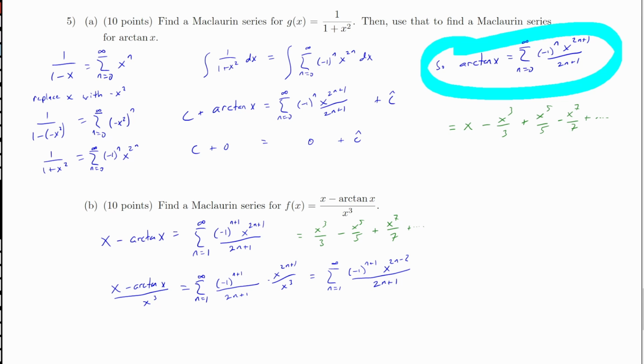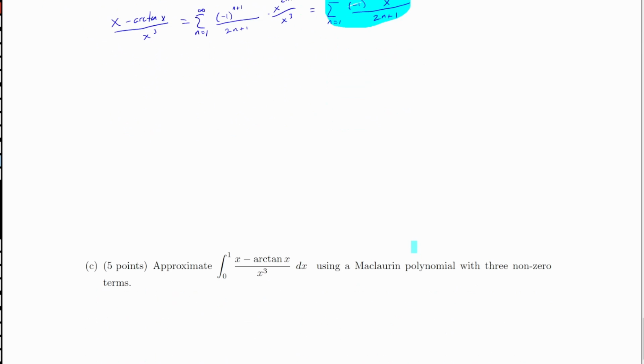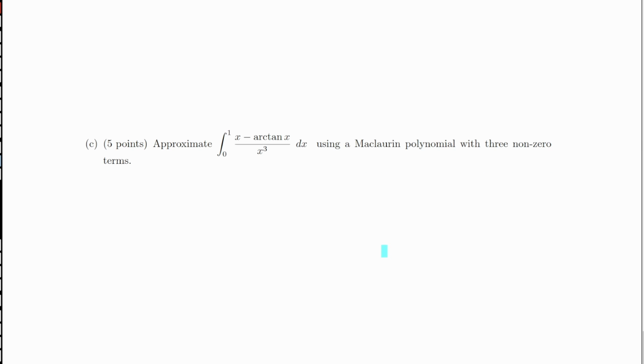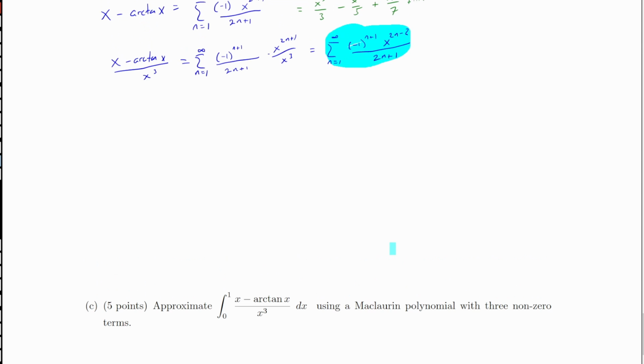Okay, and that's our series for the function f of x equals x minus arctangent x over x cubed. Okay, finally what we want to do is approximate the integral of this from 0 to 1 using a Maclaurin polynomial with 3 non-zero terms.